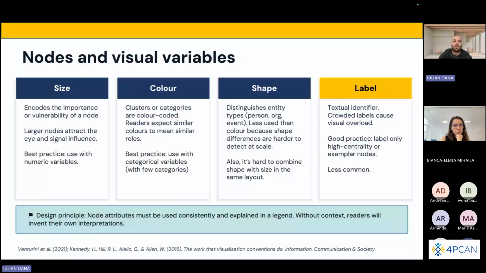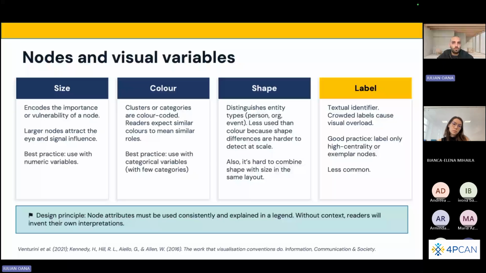For example, we can set the size of a node by its age, if our purpose is to signal which nodes in our network are older people and which represent younger people.